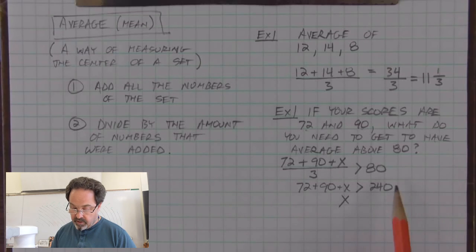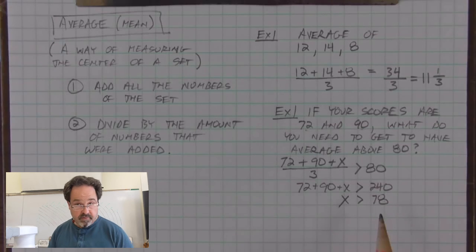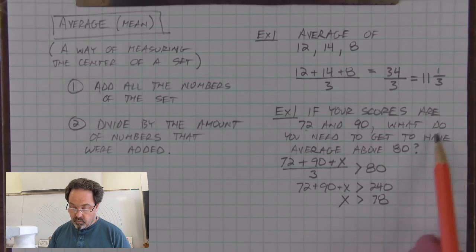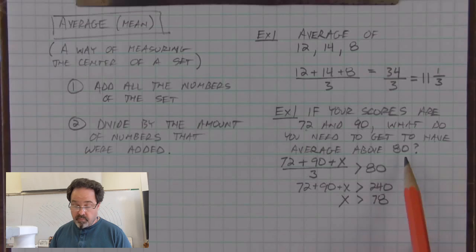I have to subtract 90 and 72 from 240. When I do, I'll get 78 on the right side. I have x by itself, and the answer to this question is that the third exam score needs to be above 78 in order to get the average above 80.